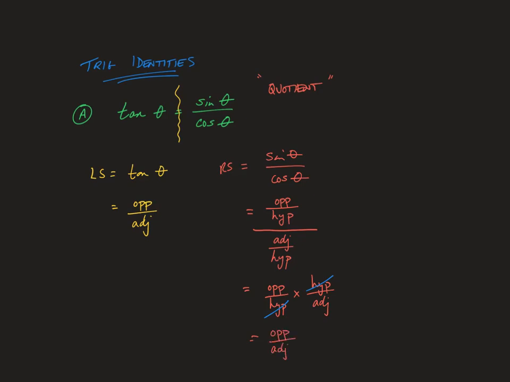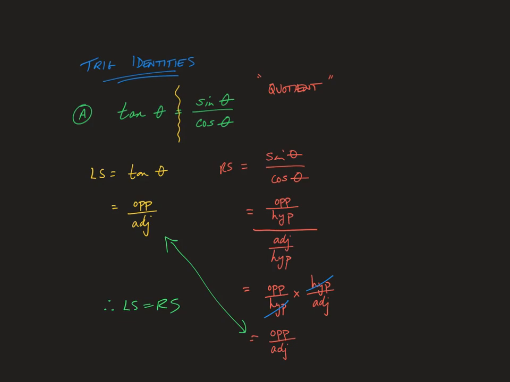And I want us to notice right now that our left side expression looks exactly the same as the right side expression. Notice we did it independent of each other. At no time did I use the equal sign to prove that they were equal. And by manipulating each side independently and arriving at the exact same expression, I have shown that left side equals right side, and therefore I have proven that identity.